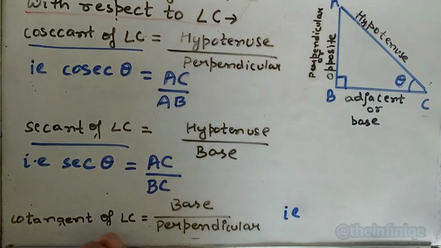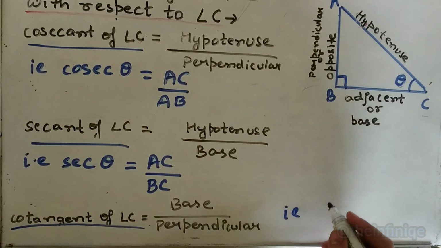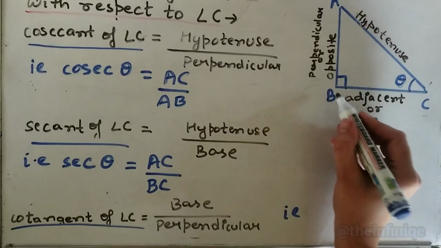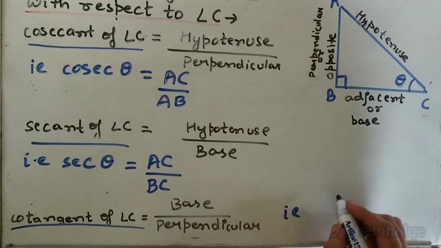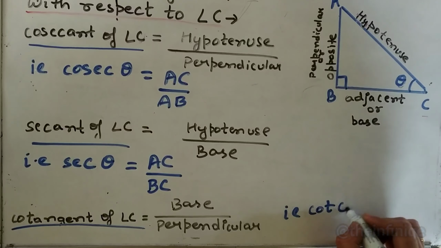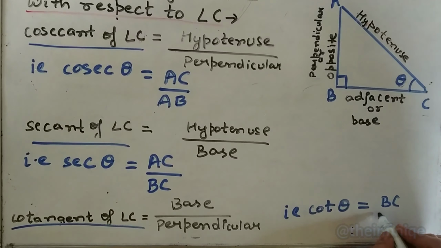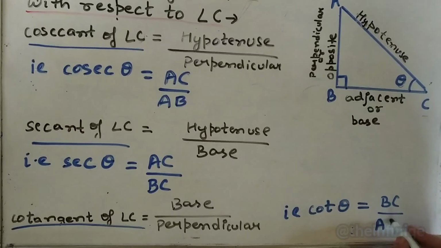And the last one is cotangent of angle C. Cotangent of angle C is equal to base upon perpendicular, base is BC, and it is written as cot angle C means theta, base is BC and perpendicular is AB.